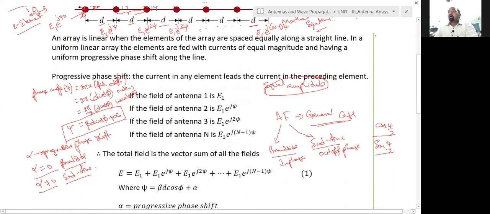So therefore, the field of antenna 1 is E1 e power j 0 psi.